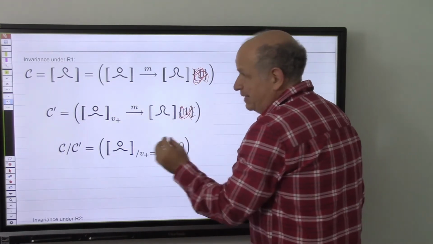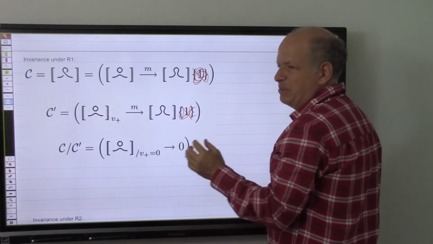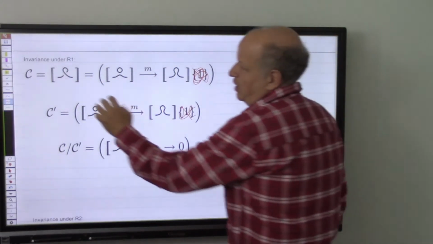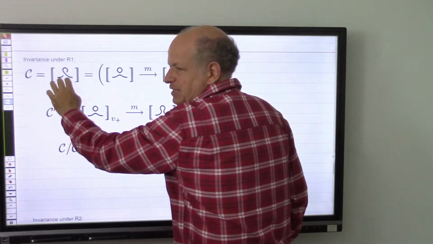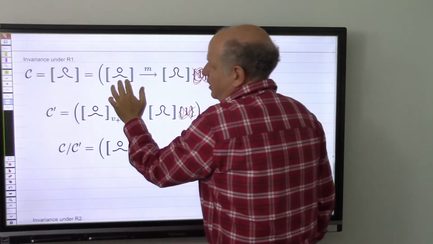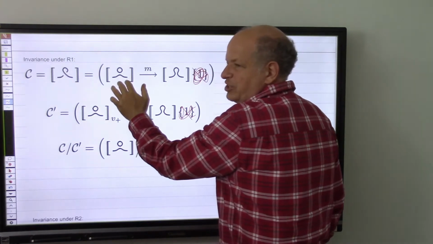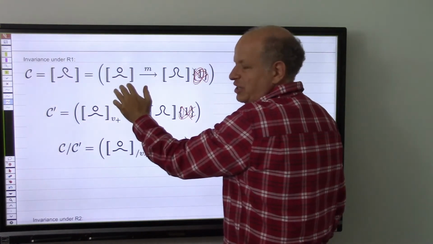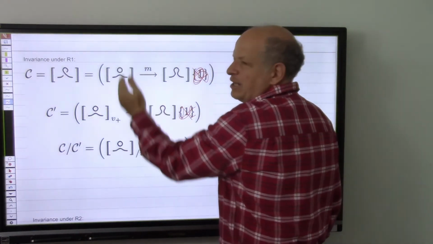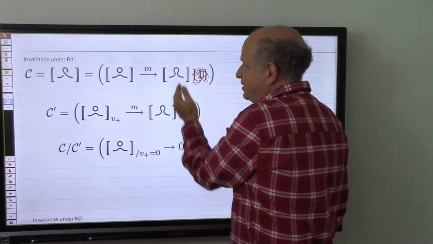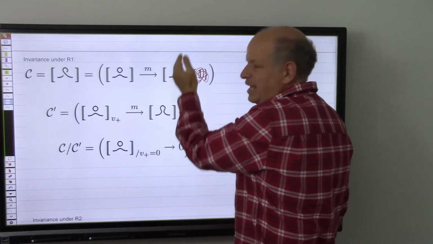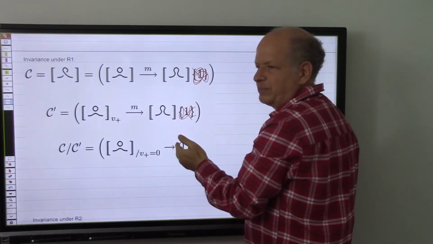Now, the complex is actually much more complicated because say this knot had n crossings, then after I smoothed one, you still have n minus 1 crossings. So this is really an n minus 1 dimensional cube. And this is really also an n minus 1 dimensional cube.